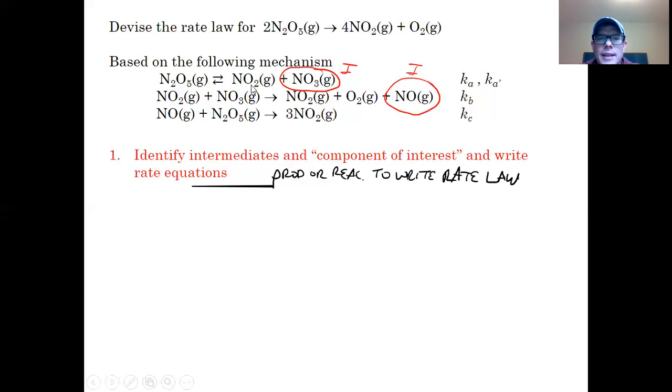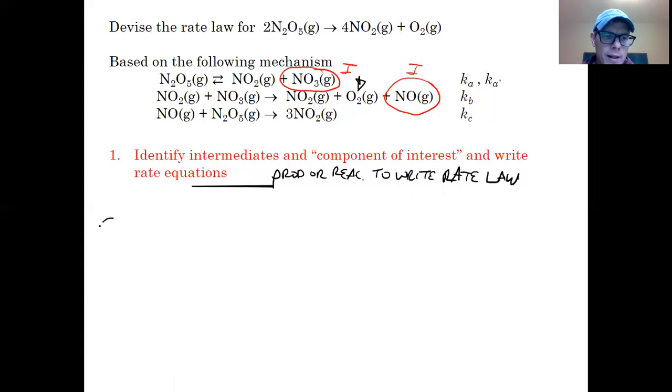NO2, same thing, it's in step one. And then again here in step two and step three, this one's even worse. Oxygen, if I look at oxygen, this only appears once in step two. And so this is probably a smart one to choose.